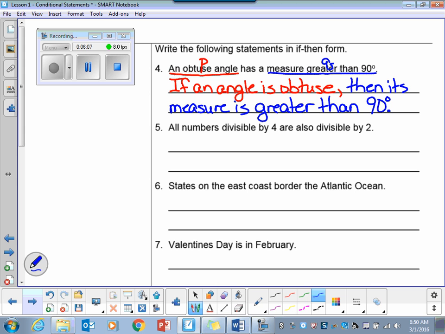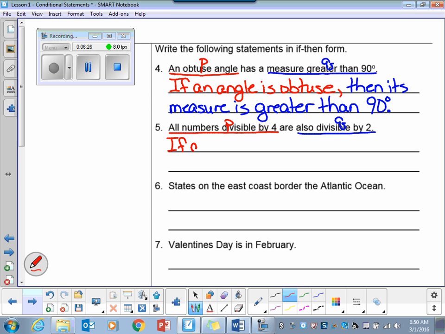All right, number 5. All numbers divisible by 4 are also divisible by 2. So if we are divisible by 4, then we are also divisible by 2. That'll be a true statement.